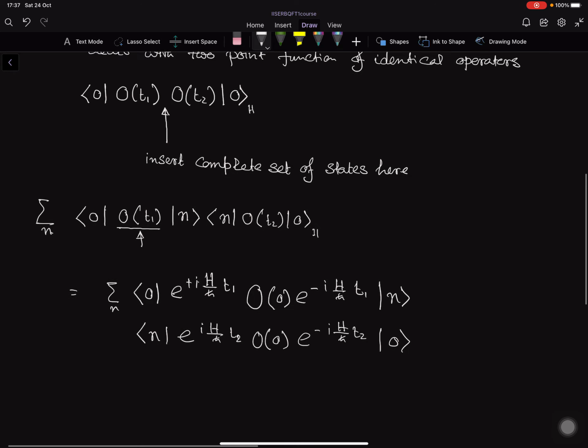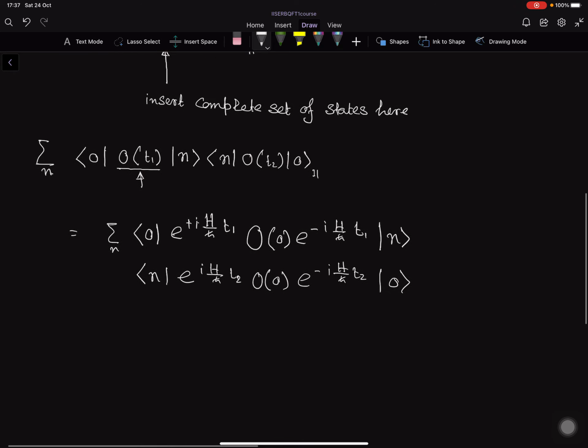This expression can be easily simplified because we know the spectrum of the theory.